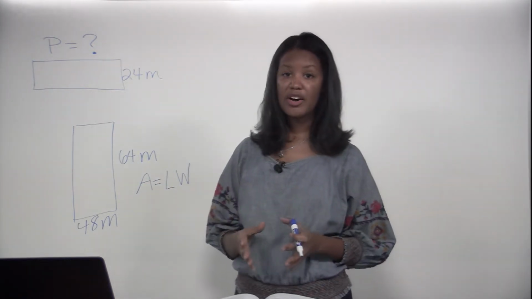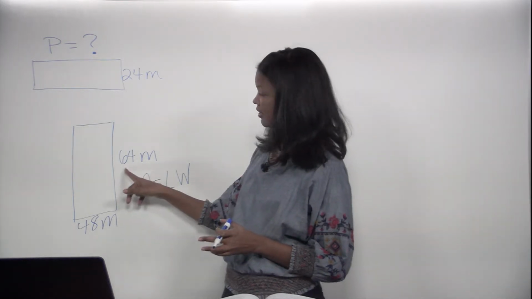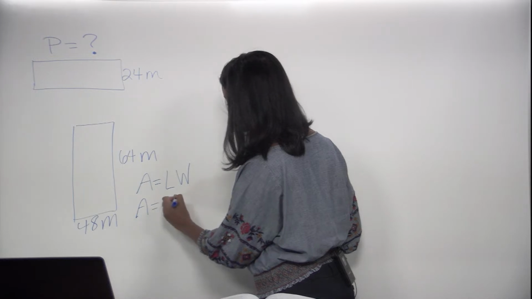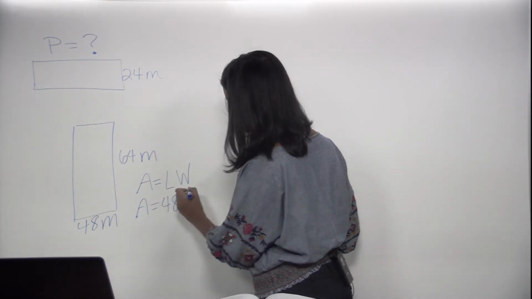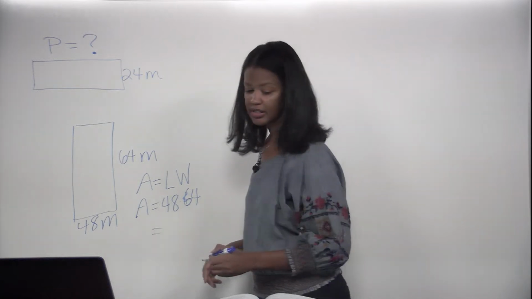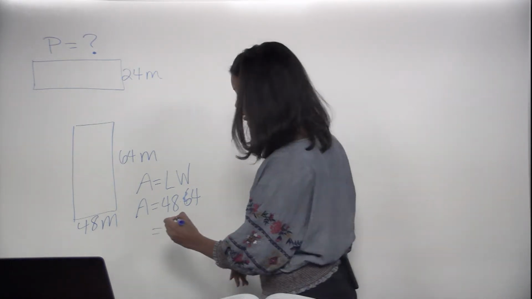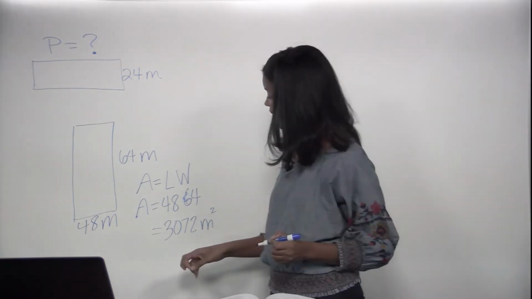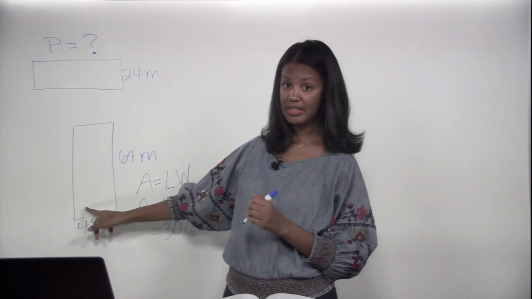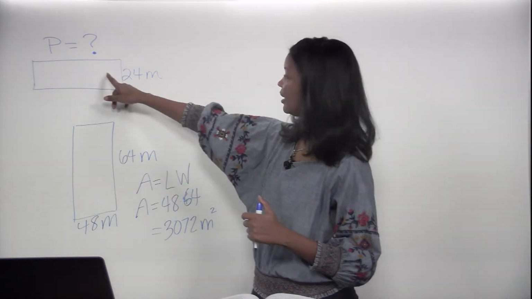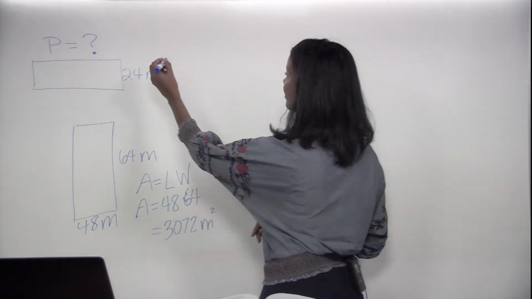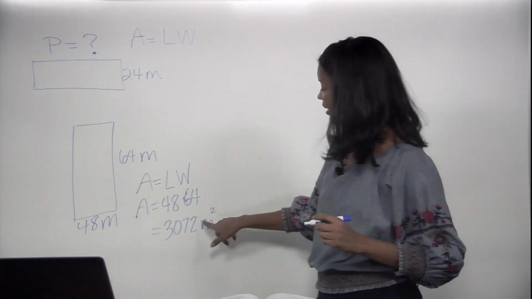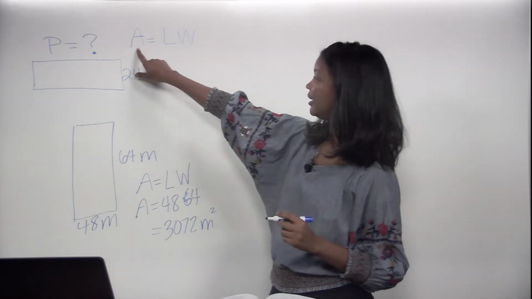So on your on-screen calculator, you can calculate 64 times 48, and the area of this rectangle is 3,072 square meters. So now that we know the area of this second rectangle, we know that's identical or equivalent to the area of the first rectangle. So if the area, once again, is length times width, we can plug in 3,072 for area.